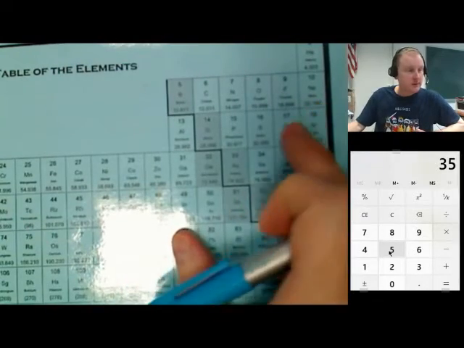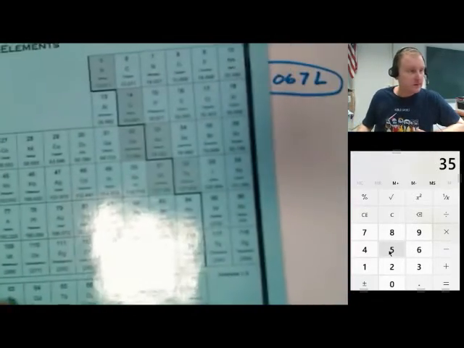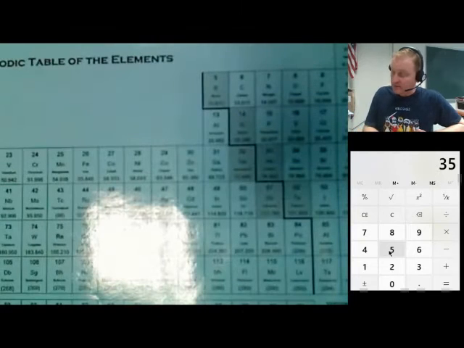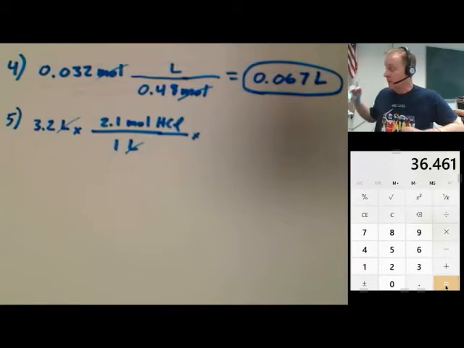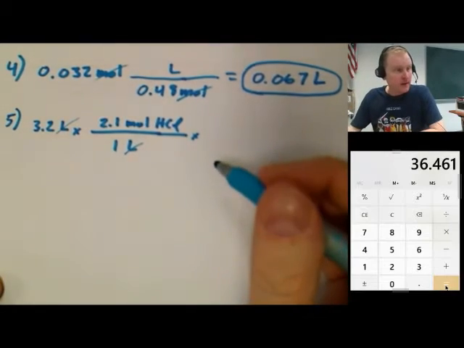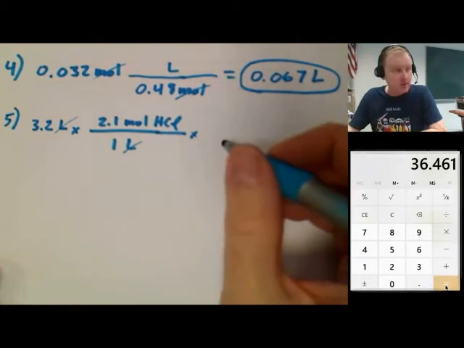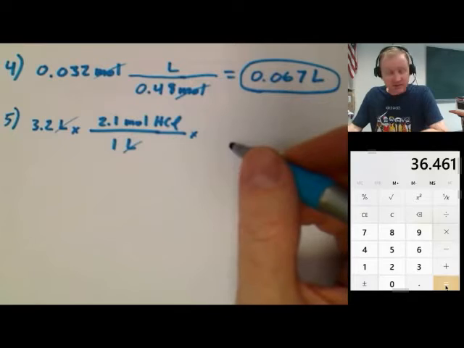It's blurry, very blurry. Is it better over here? I don't know. It's 35, at least on my periodic table, 35.453. So the molar mass of hydrogen chloride is, oh, excuse me.